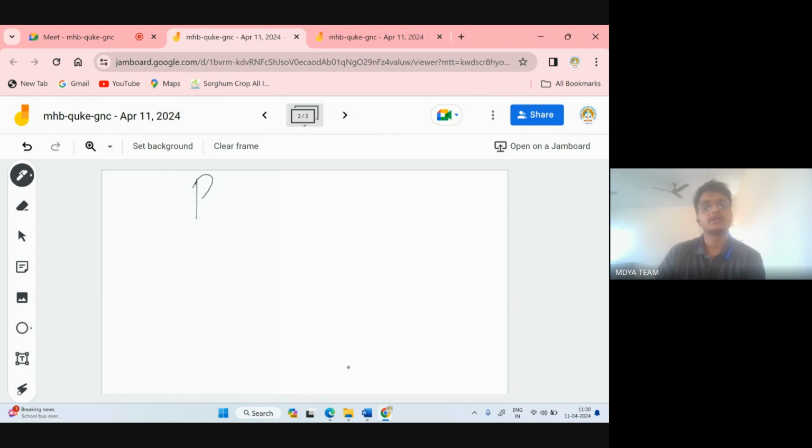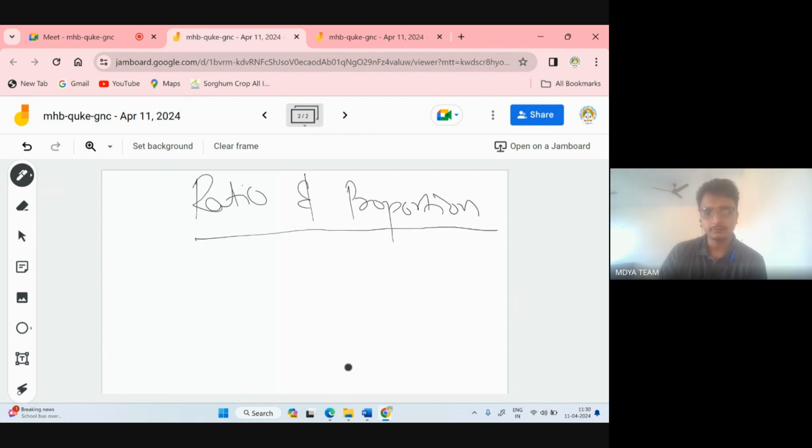Next, ratio and proportion. Without going into the meaning of what is ratio and what is proportion, ratio is something you just write in this form, A ratio B. For example, A got 10 marks, B got 15 marks. So what is A ratio B?